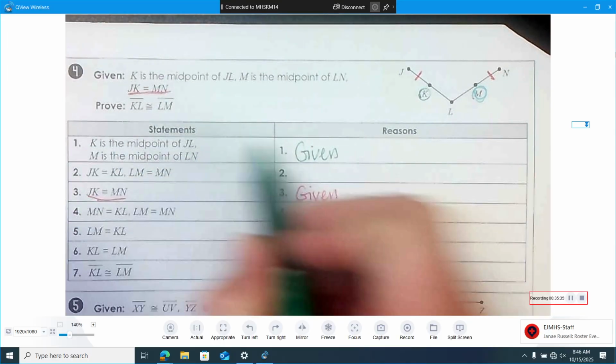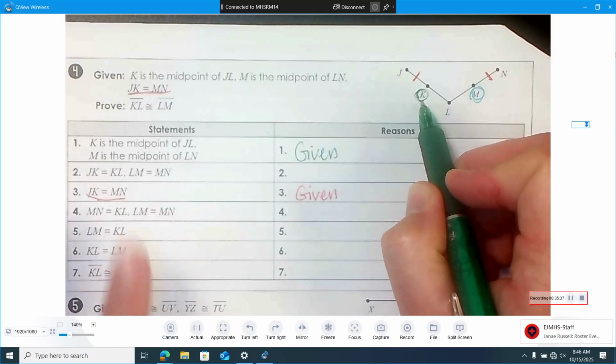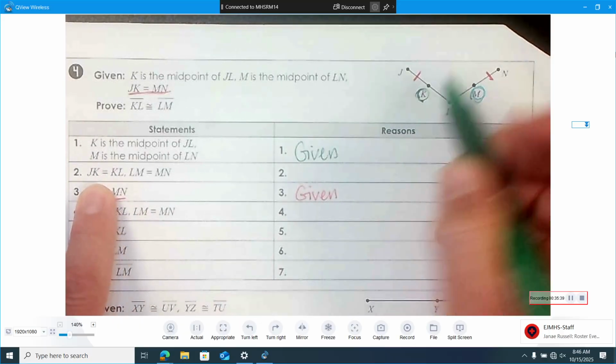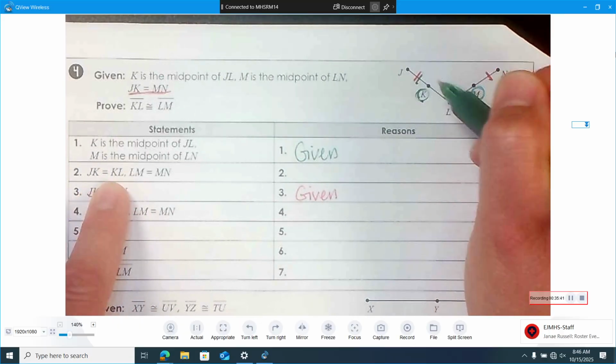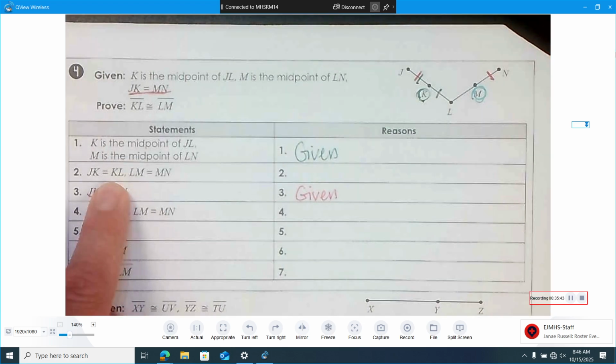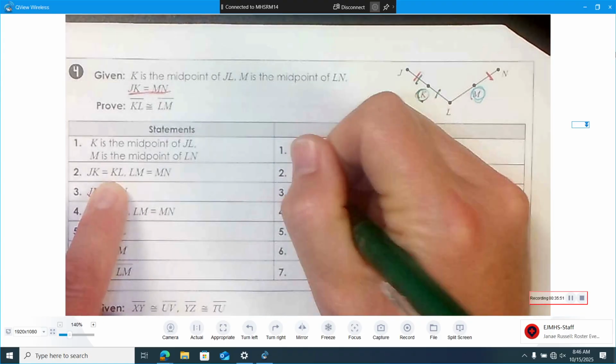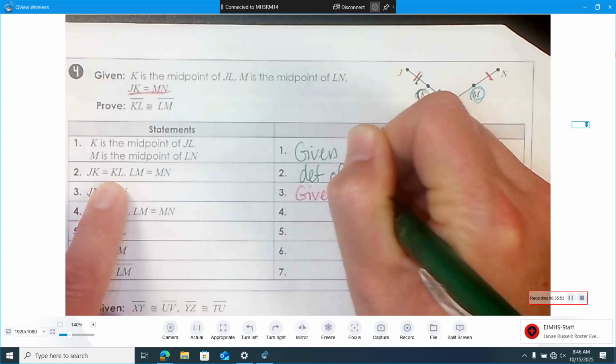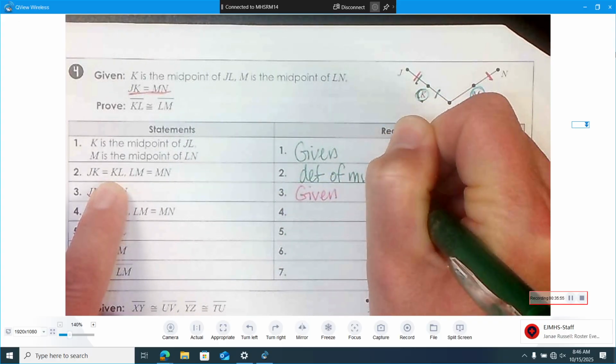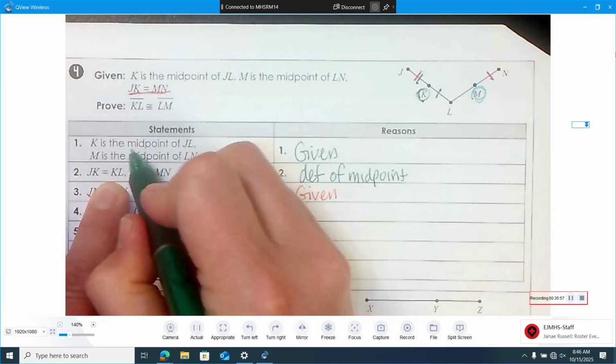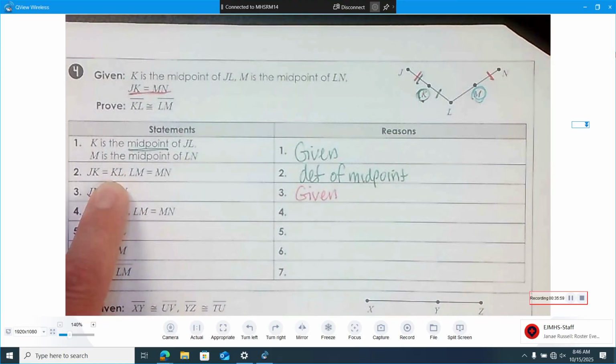It says K is the midpoint. If K is the midpoint, how come we jump to JK is equal to KL? Why do we know that JK is equal to KL? Because of? Definition of midpoint. So again, we gave you the word midpoint. We want to describe what that means.